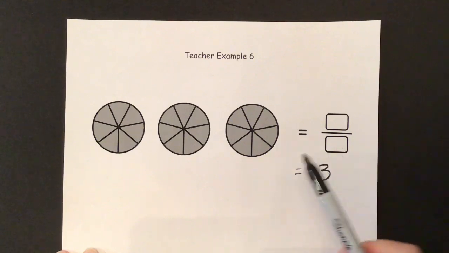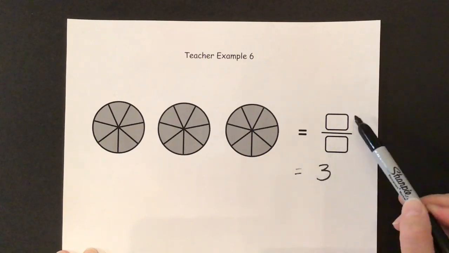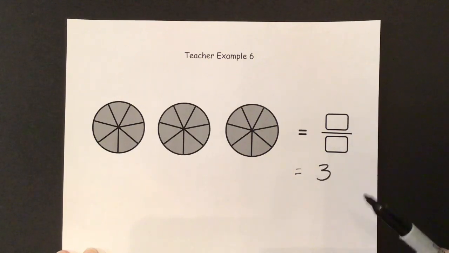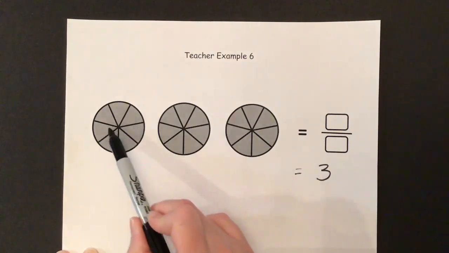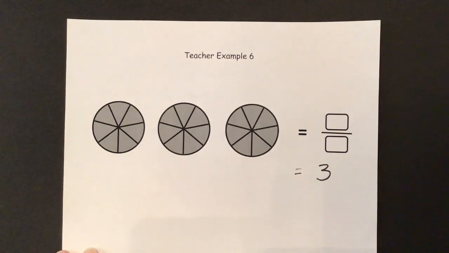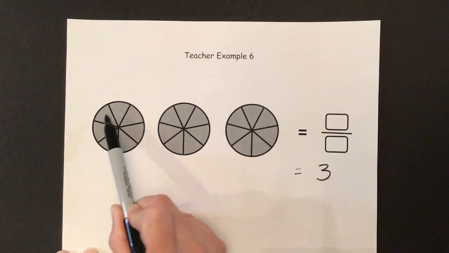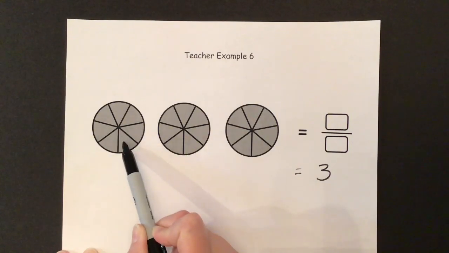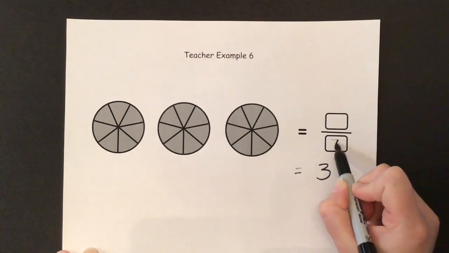And so we're going to make sure we know the size of the piece and how many pieces there are. So go ahead and take a look at the circles. What do you think the denominator should be? One, 2, 3, 4, 5, 6, 7. These are sevenths.